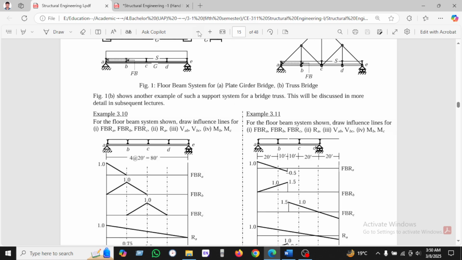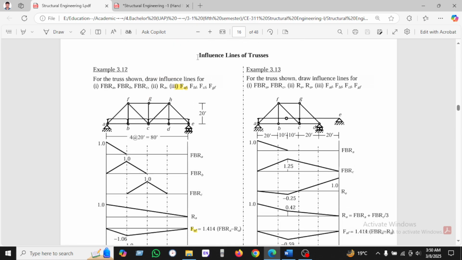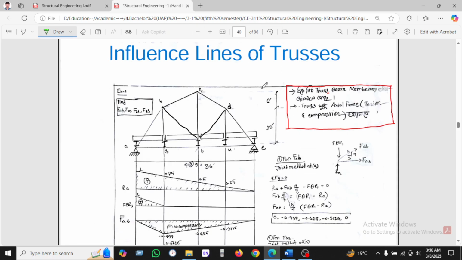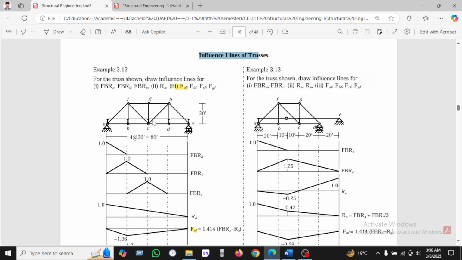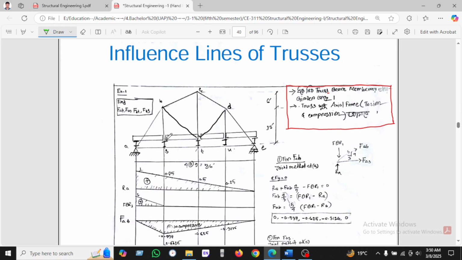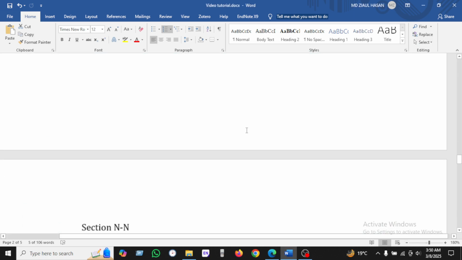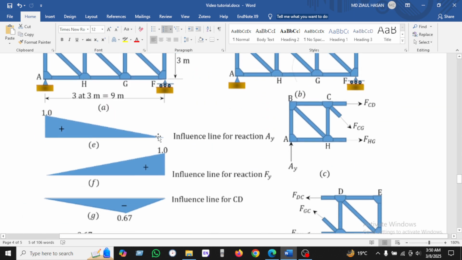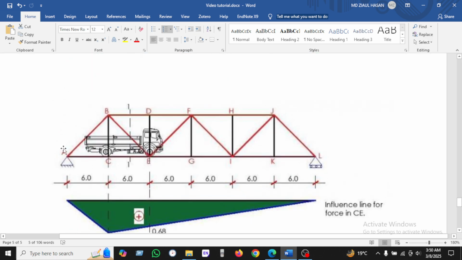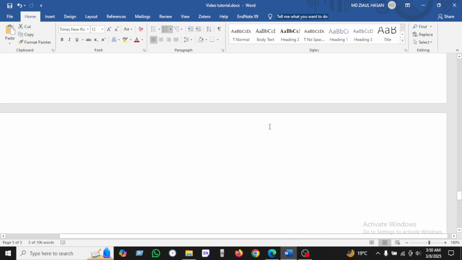Okay, so let's see the influence line of the truss. We can draw it from here. The truss is given here, as we have already seen practically, the actual application of trusses, as the vehicle is moving from left to right.